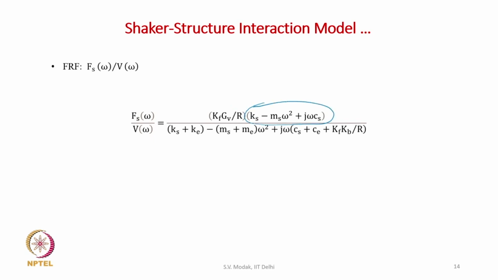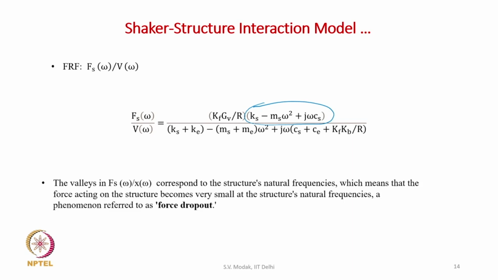Now the numerator of this FRF becomes very small at frequencies equal to the natural frequency of the structure. So, when omega becomes closer or equal to omega the natural frequency of the structure, then the magnitude of this numerator part will become very small, which basically means that the force which is shared by the structure at these frequencies would be very small, right.